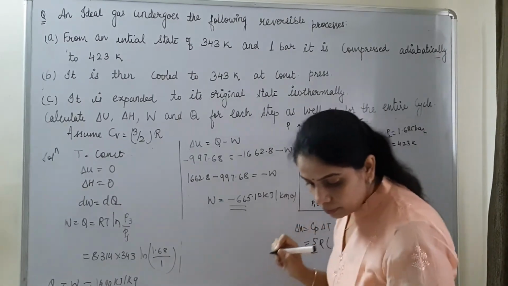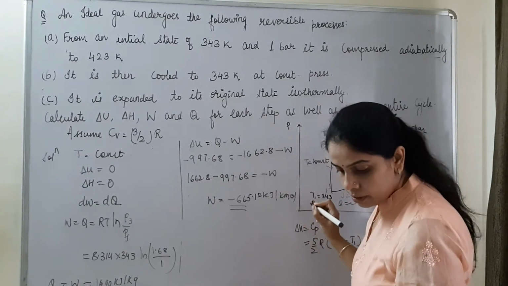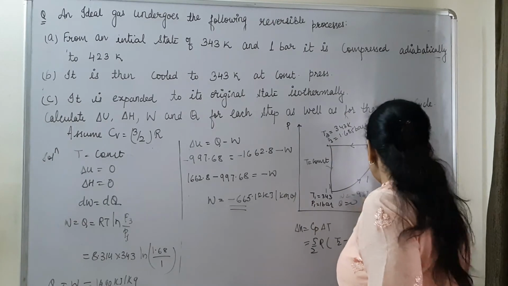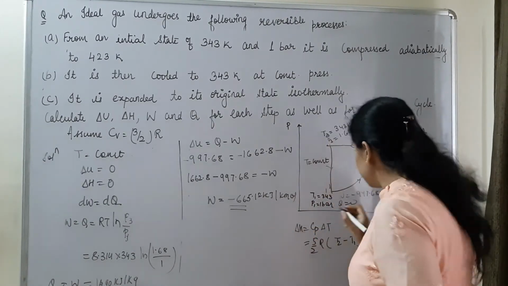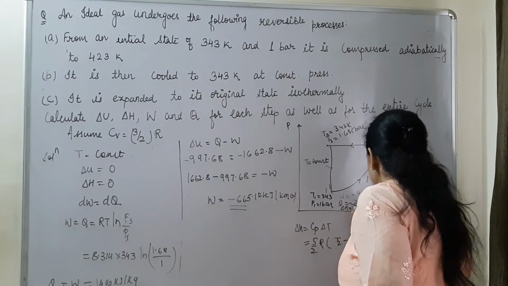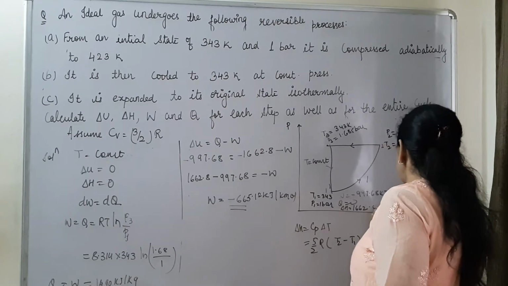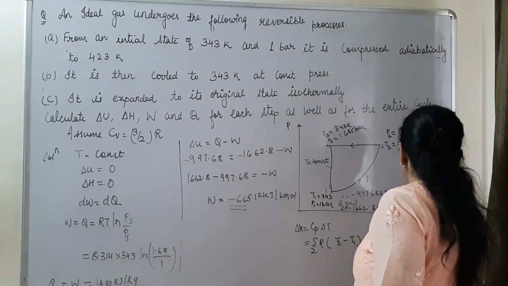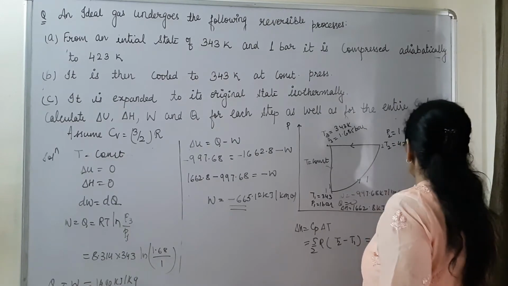Then Q is 0, so this is also equal to delta U, and the value of delta H for the first process is 1662.8 kilojoule per kilomole.